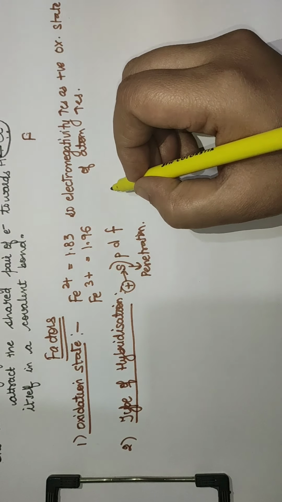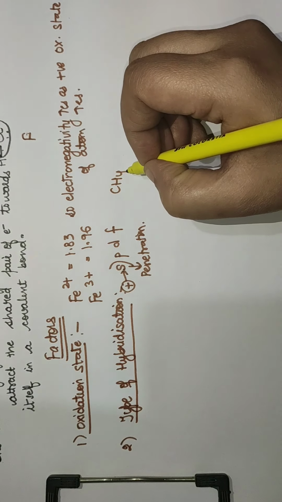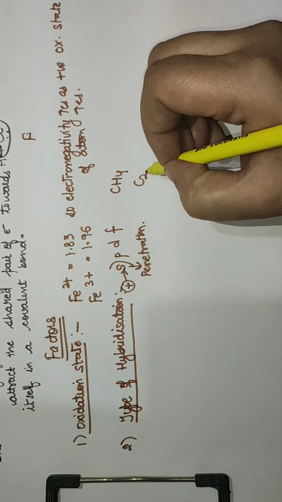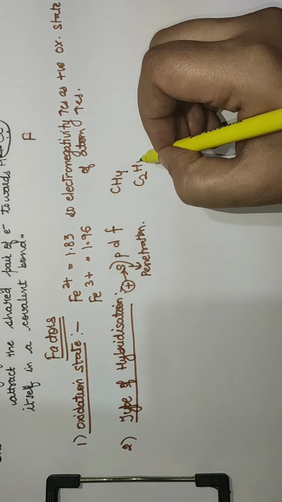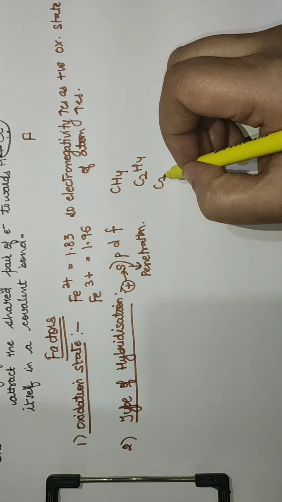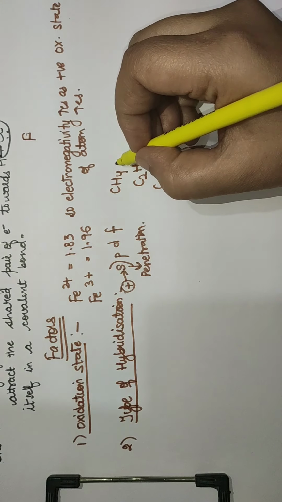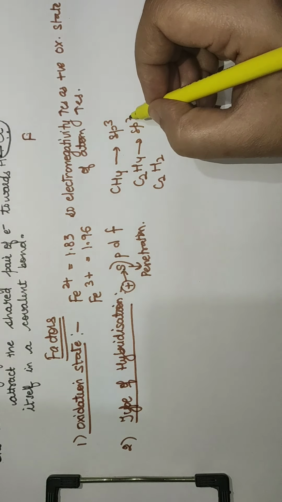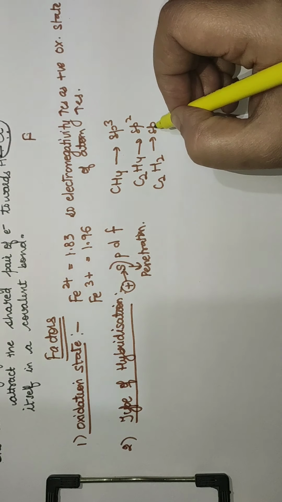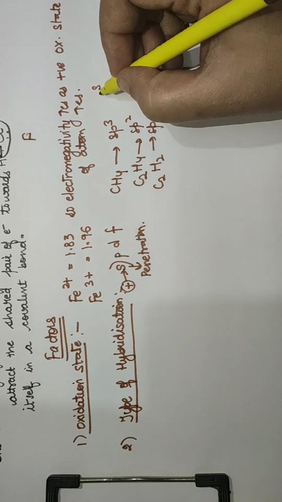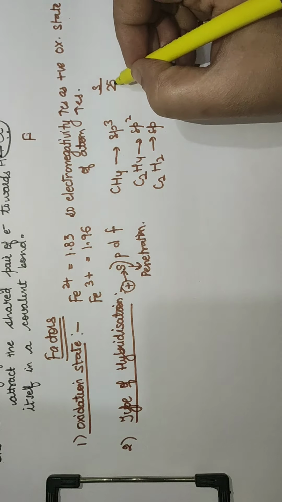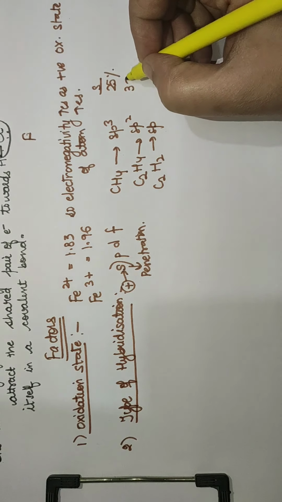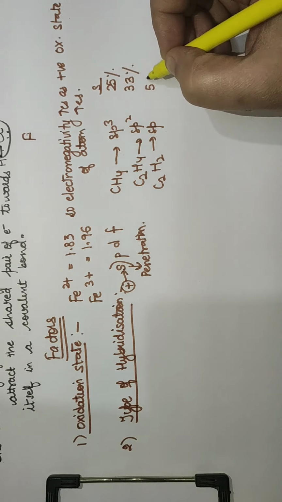So if you have methane, as an example, CH4, and you have ethene, that is C2H4, and an example of C2H2. So this has a hybridization of sp3, this has a hybridization of sp2, and this has a hybridization of sp. So the s character is 25%, while this is 33% and this is 50%.